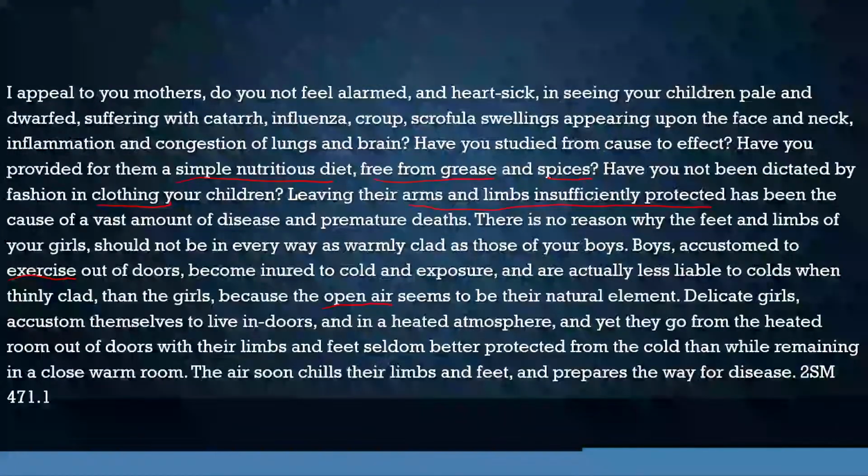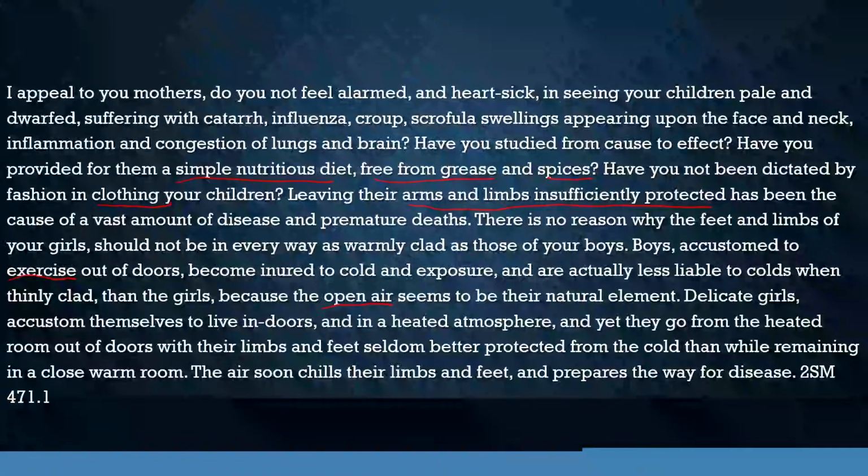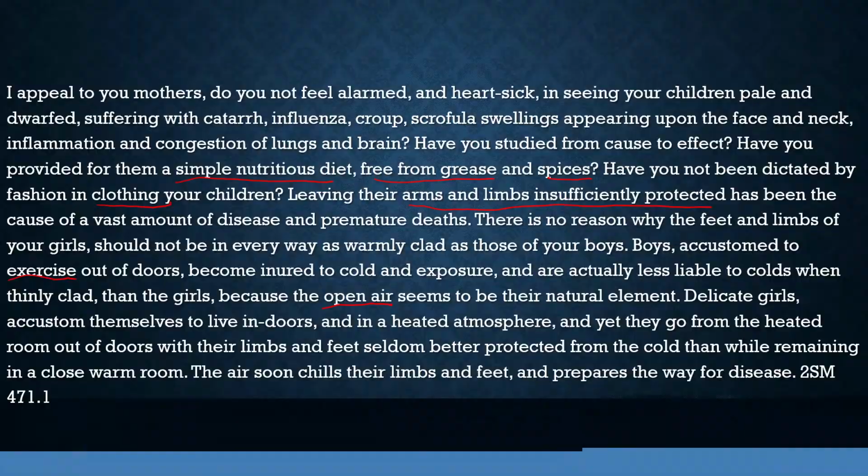So in this quotation is contained the phrases or the words that I've underlined. In this quotation is contained some of the lifestyle practices that we really ought to adopt so that we cannot easily catch flus.